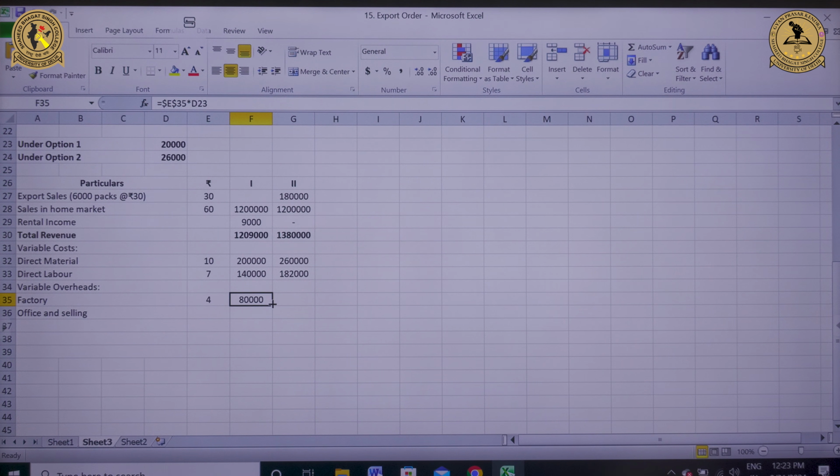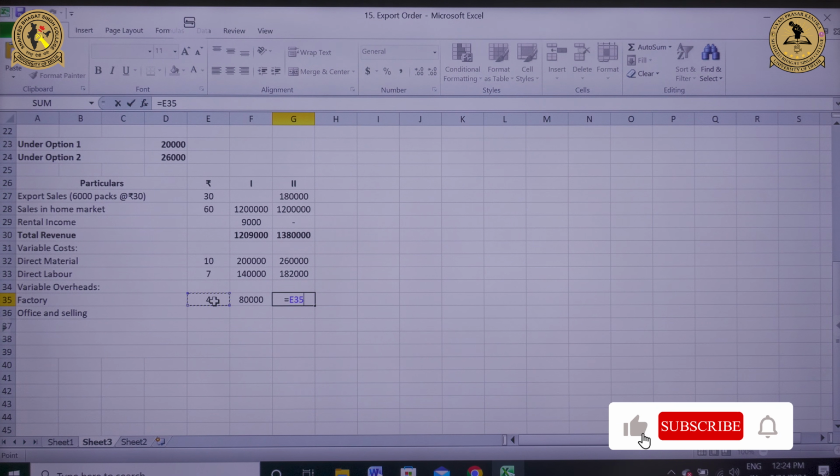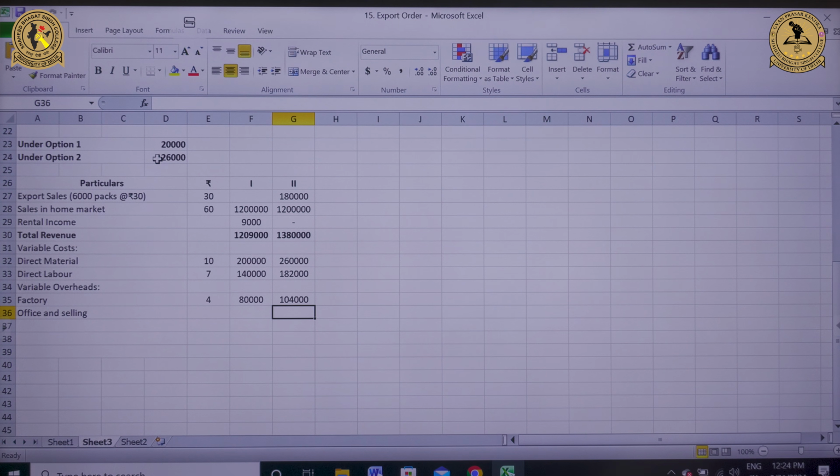Same way I need to drag it. Now equals to E35 multiplied by 26,000. It comes out to be 1,04,000. For the office and selling, it is rupees 3 per unit. So equals to E36 multiplied by 20,000. Again equals to rupees 3 multiplied by 26,000.